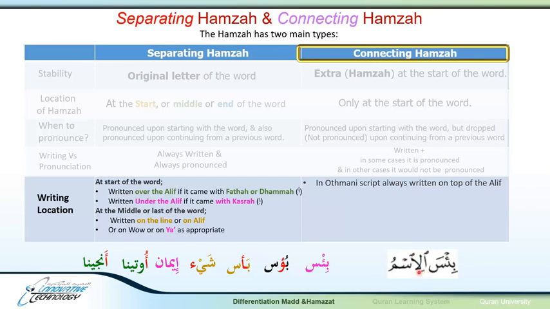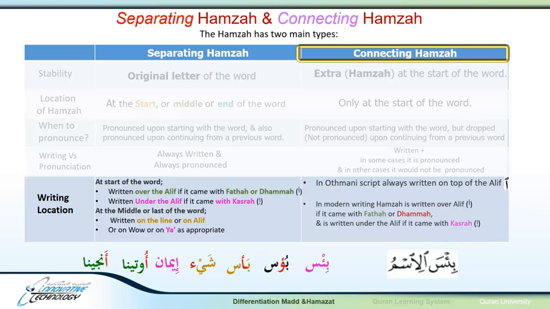So whether it is a fatha or a kasra, it's always written on top of the alif in Hamzatul Wasl in Ottoman script, which is different from modern writing, where when we have a fatha and a dhamma, we write it on top of the alif, and when we have a kasra, we write it under the alif.